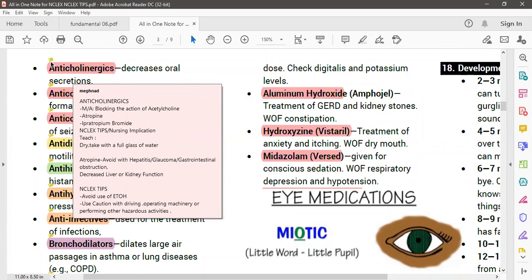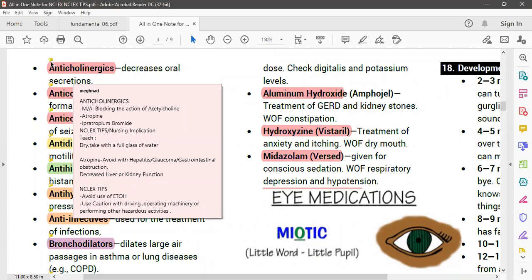Anticholinergics inhibit parasympathetic nerve impulses by blocking the action of acetylcholine. So the mechanism of action of anticholinergics is blocking the action of acetylcholine. What is acetylcholine? It is a neurotransmitter. They transmit the signal from one neuron to another neuron.